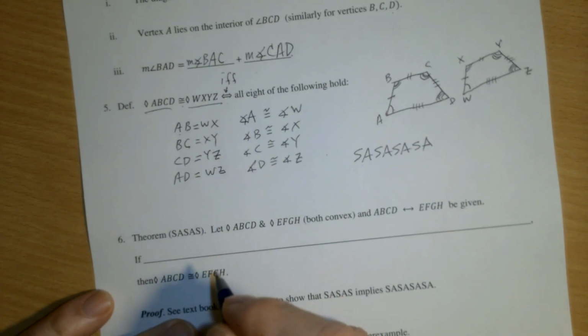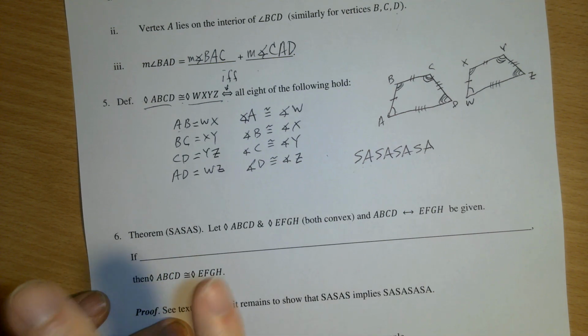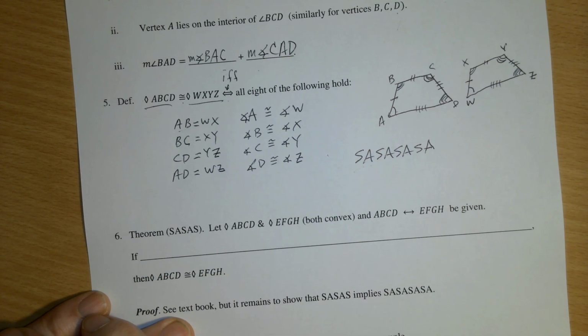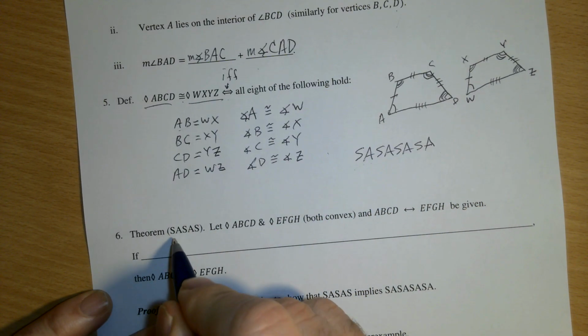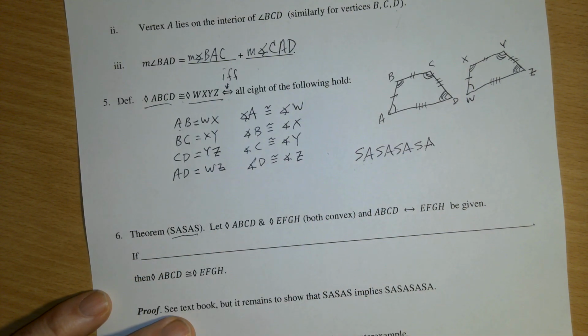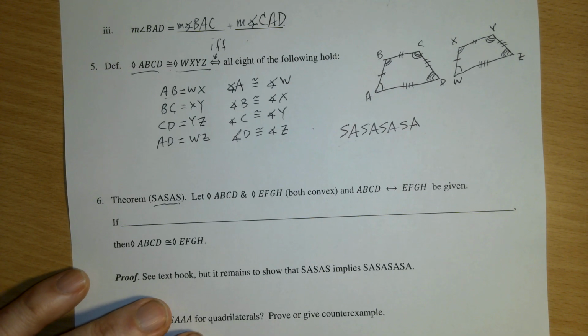But it turns out that if you just have side, angle, side, angle, side being equivalent to each other, then you don't have to prove the last 3. This is sufficient. That's enough to prove that two quadrilaterals are congruent.